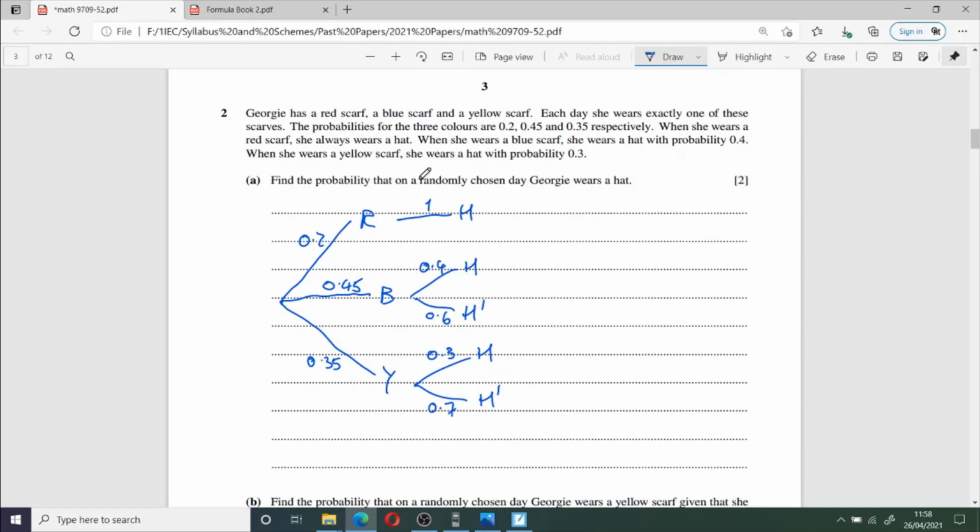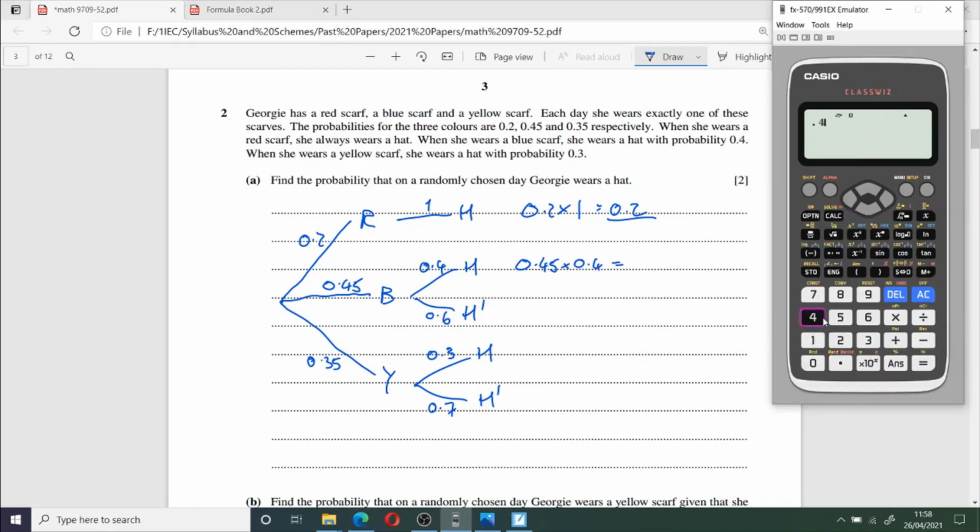Find the probability that on a randomly chosen day, Georgie wears a hat. So we have three routes along our tree diagram, 0.2 times 1, so 0.2. We have 0.45 times 0.4. So 0.18.